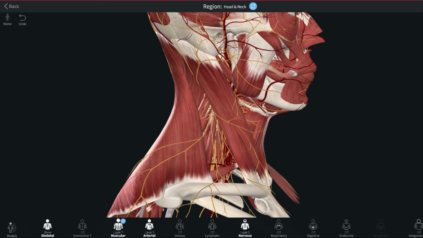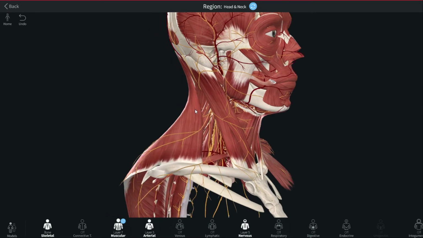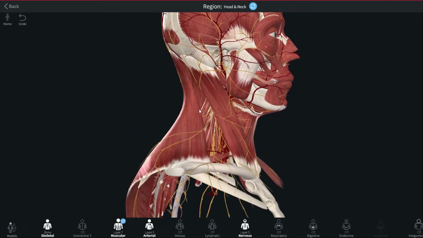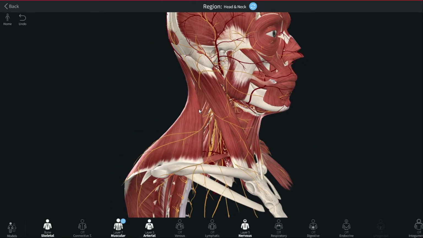Having the overall picture and the different things, now we can talk about the contents of the posterior triangle. Let's talk about the contents as divided within the two triangles, that is the occipital triangle and the subclavian triangle.